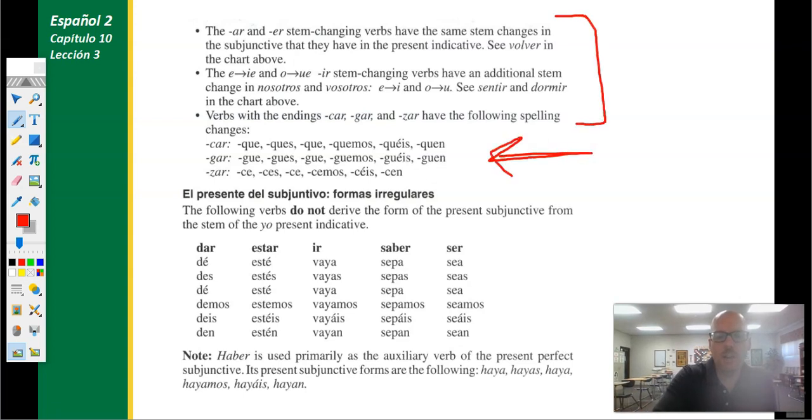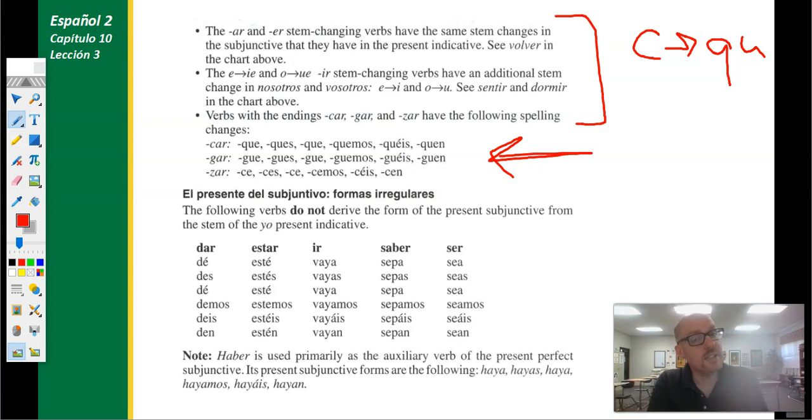But I do want to point out those spelling changes. Remember, be careful with those spelling changes. If you have a CAR verb and the ending would get changed to an e, remember that that c has to change to a qu before an e. So CAR would become que, ques, que, quemos, quen. Same thing for GAR. The GAR would become gue, gues, gue, guemos, and guen.